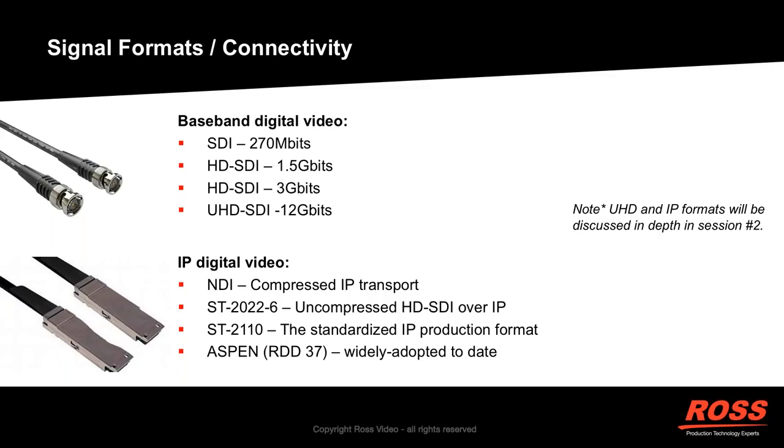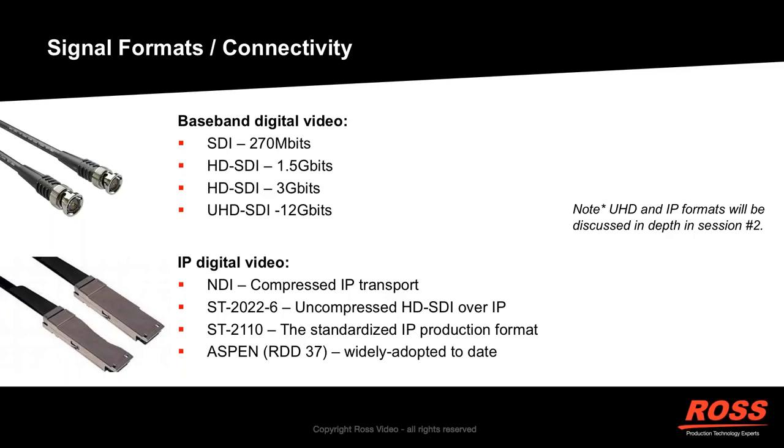Of course, we've seen NDI, which is a compressed IP transport scheme that's becoming quite popular. Then there's the uncompressed standards, which are available over IP as well. And of course, the AIMS compliant SMPTE 2110, which is now the standardized IP production format recognized by SMPTE and many of the other organizations.